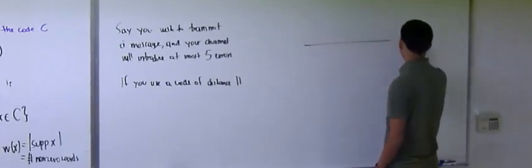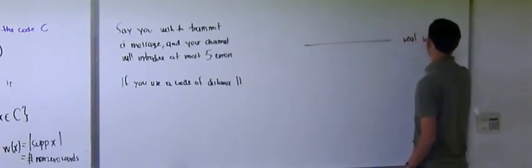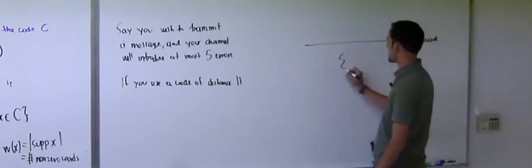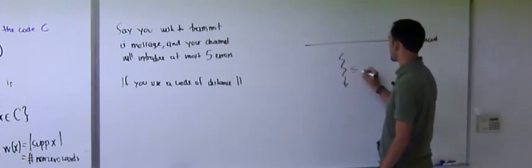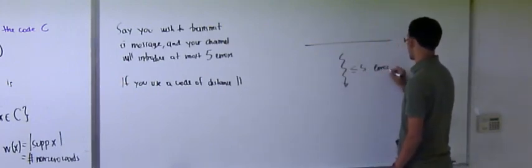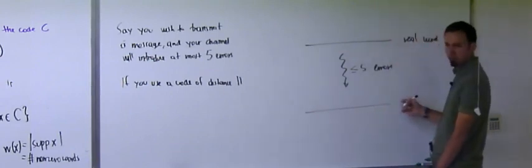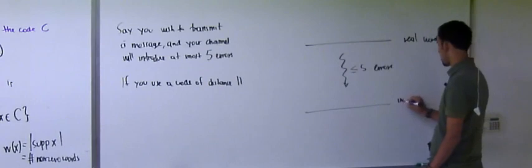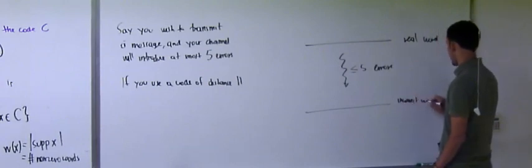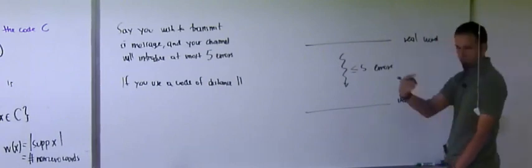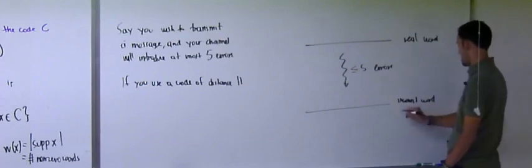here's the word, here's the real word. Okay, then it goes through the noisy channel, and you have at most 5 errors. And so in the end, this is the word, the incorrect word that comes out at the other end of the channel.